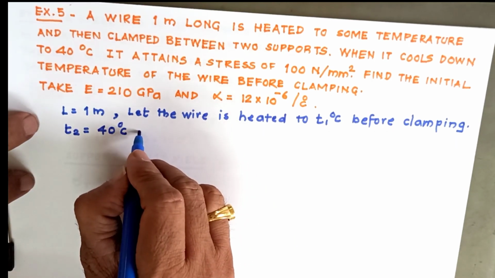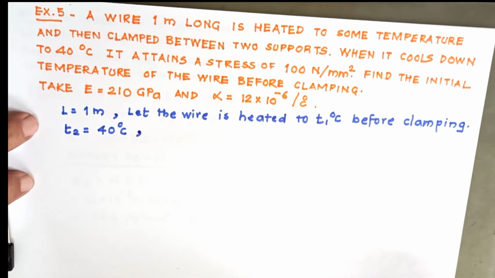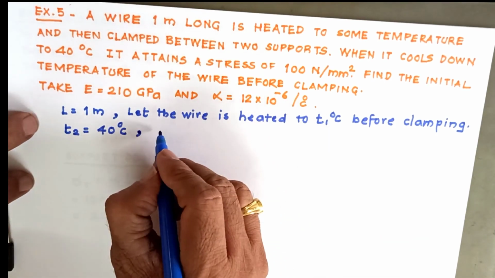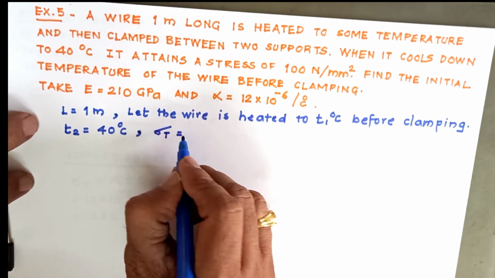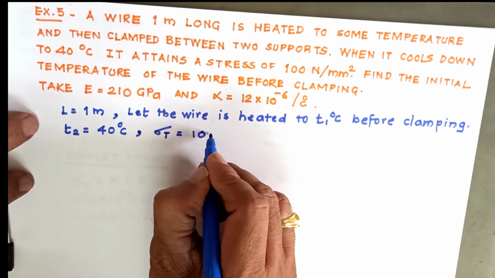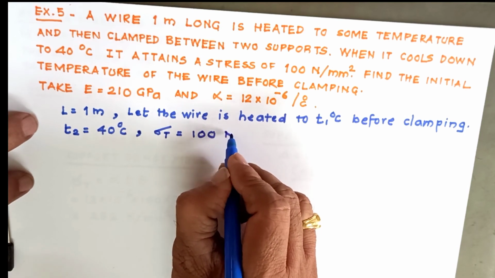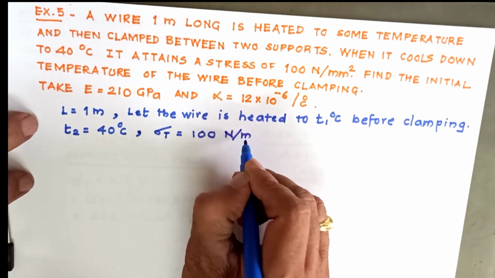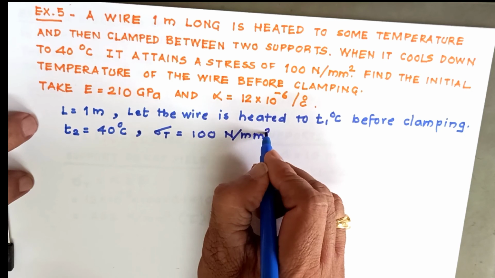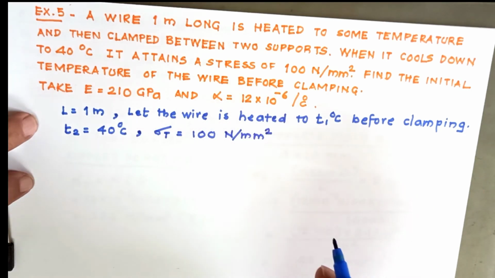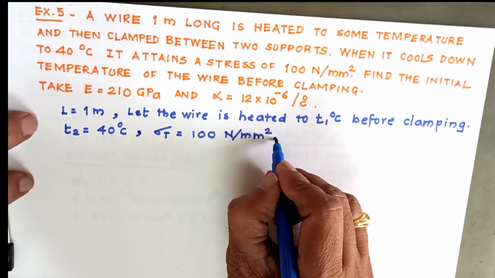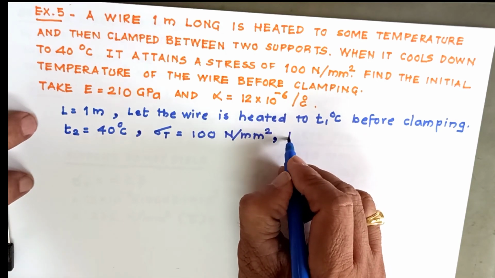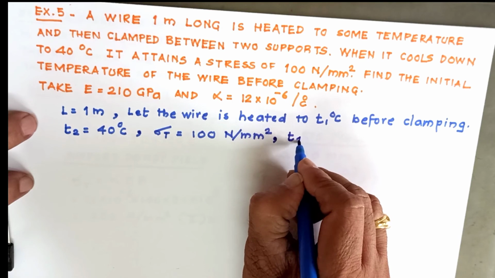When the temperature falls to 40 degree Celsius, the tensile stress in the wire is given, that is sigma T, that is 100 Newton per mm square. We have to find out the initial temperature of the wire before clamping.